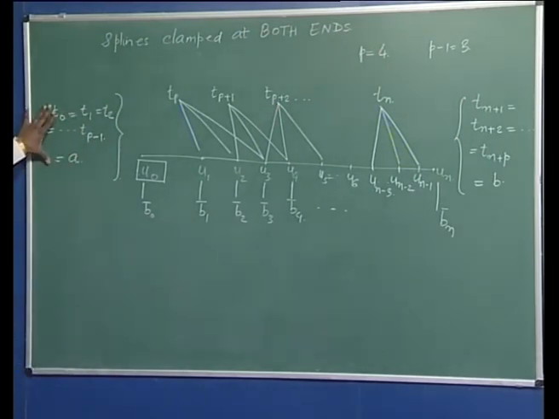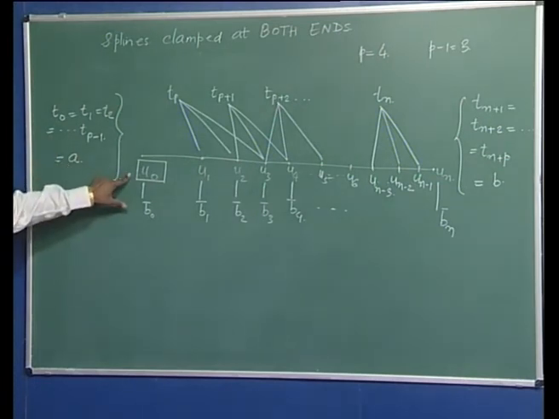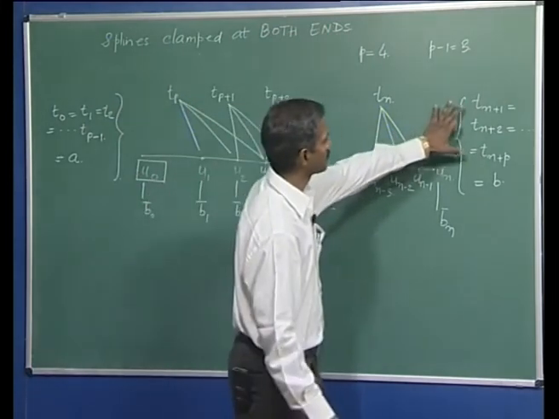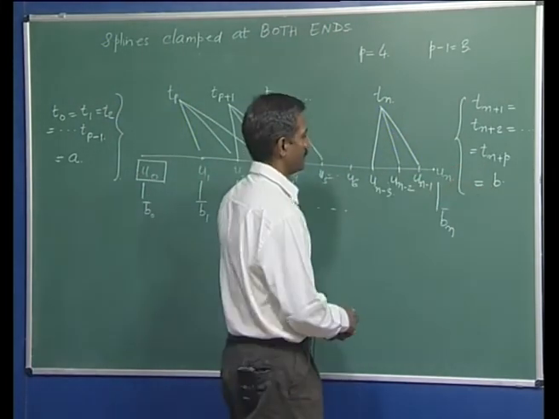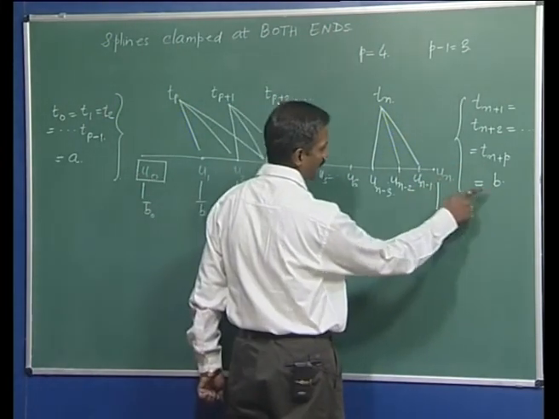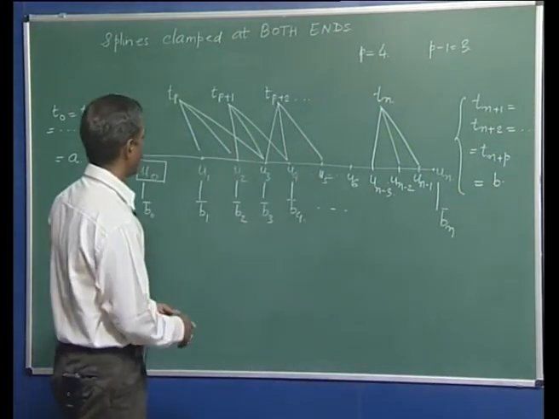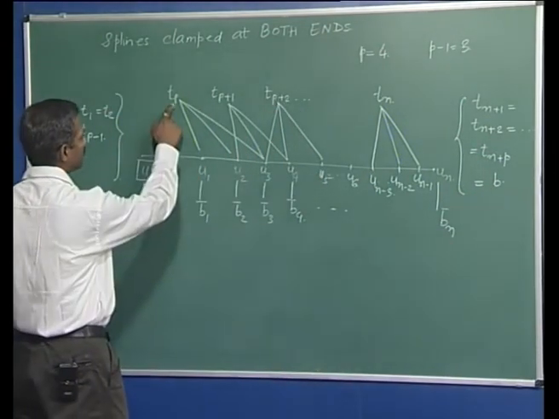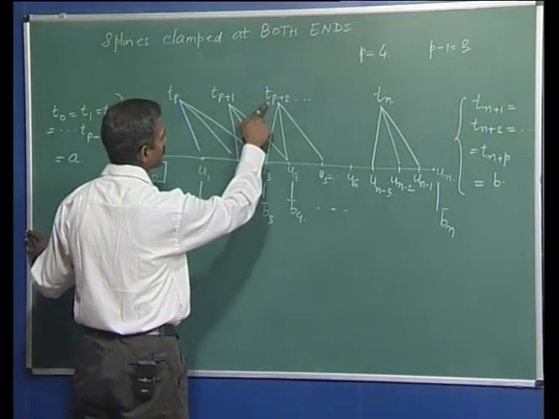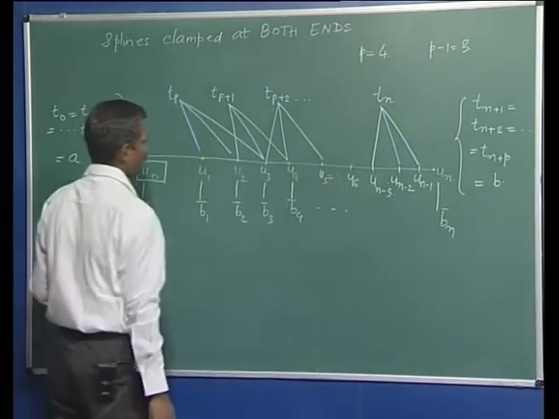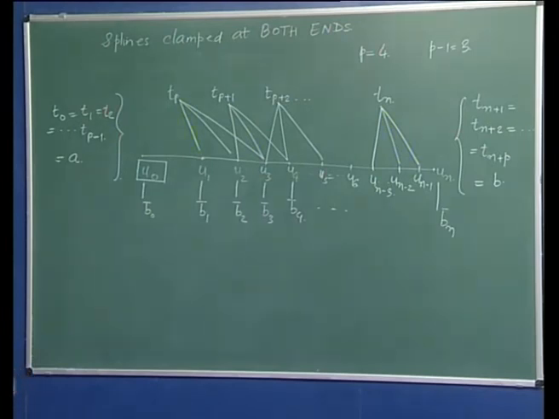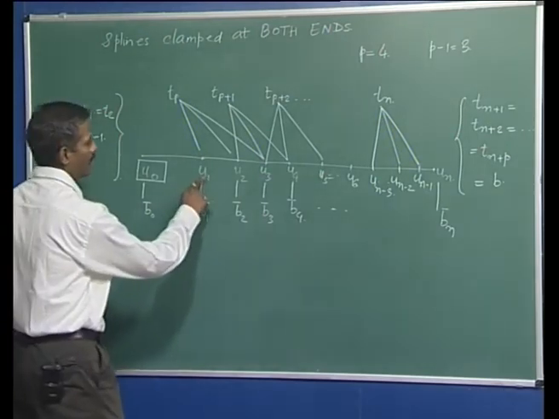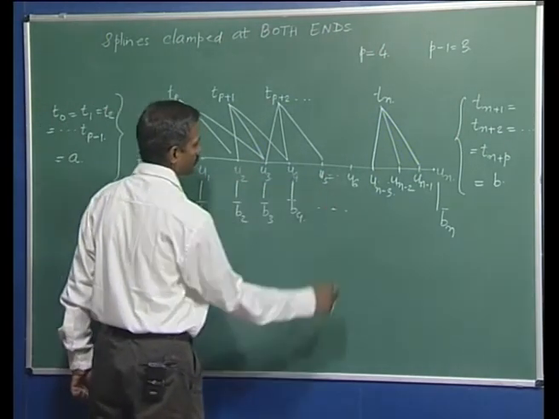With the first p knots as a, and say a is equal to u sub 0, with the last p knots as b, and we set un equals b, my internal knots Tp, Tp plus 1, Tp plus 2 up till Tn can be computed as averages of these parameter values. Let's verify if this is really the case.